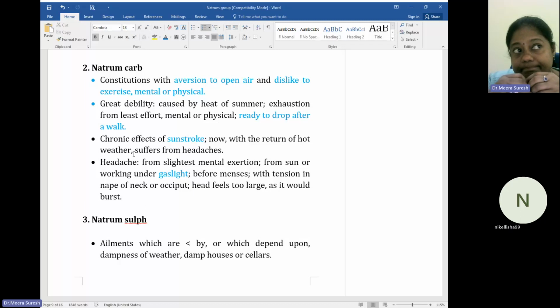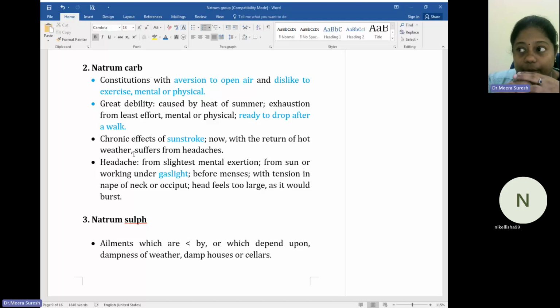The mechanical shops here for welding, they will be using some fire to weld. Yeah, so people working under that, and then they are having headache, Natrum carb is a good medicine.